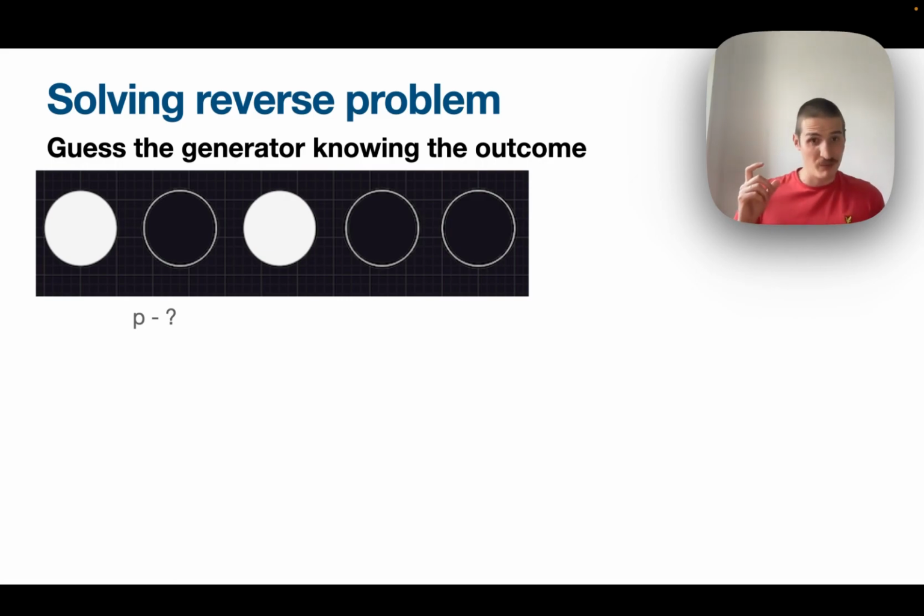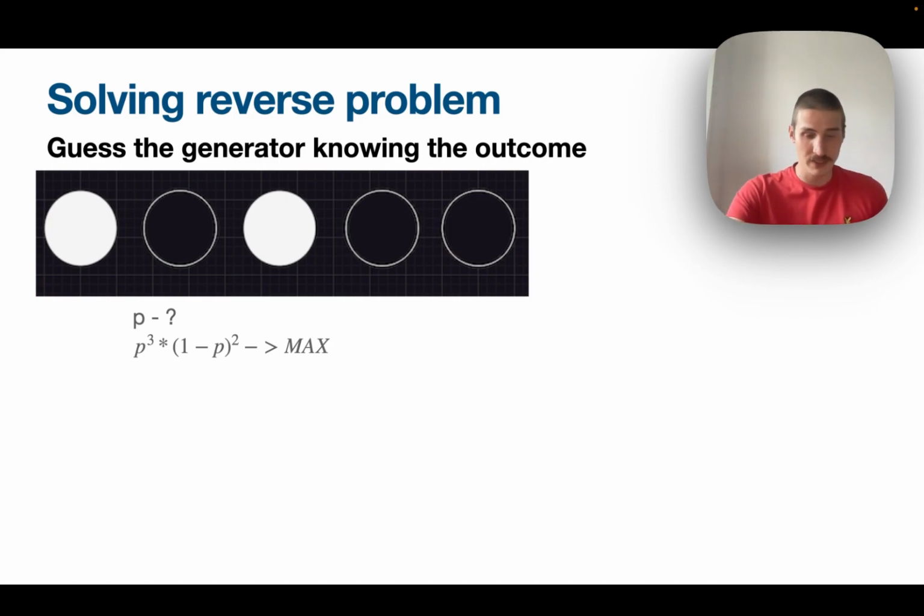But we can have our best guess, and the best guess is something that leads to the maximum likelihood. So this is basically just the ideal P that maximizes the likelihood of getting this specific sequence.